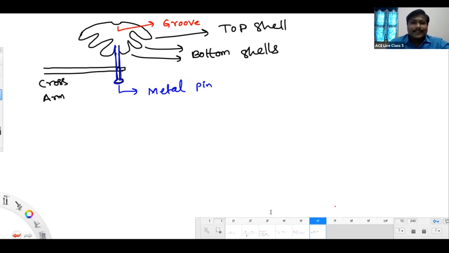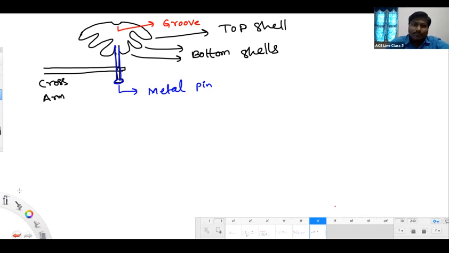So we have the top shell and bottom shells. Why are we keeping this many bottom shells? Particularly during rainy or winter seasons, there may be water drops falling on the surface of the insulator, or dust depositing on it, because of which leakage current will increase.